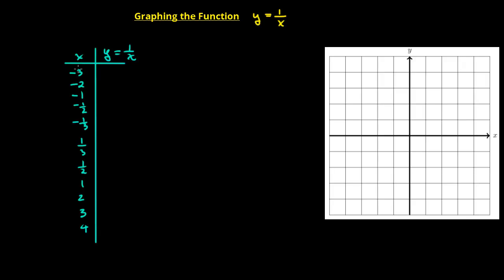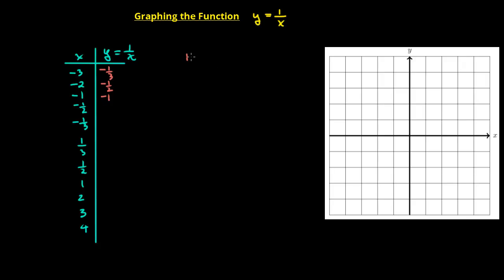So 1 divided by -3 is equal to minus 1/3. 1 divided by -2 is equal to minus 1/2. 1 divided by -1 is minus 1. 1 divided by -1/2, let's think about that.